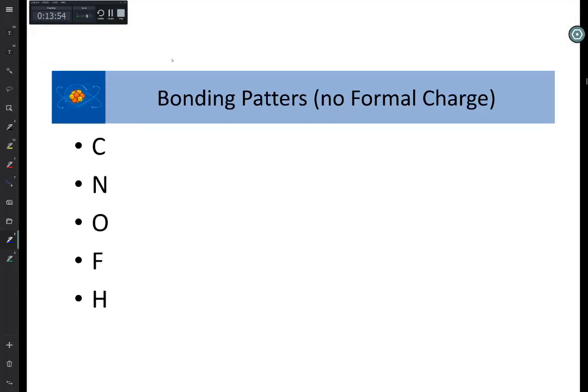Okay, so I'm going to draw some bonding patterns. Let's start with all single bonds. Carbon is going to look like this, right? What other ways could carbon have 4 bonds? A double bond, so I could do this.